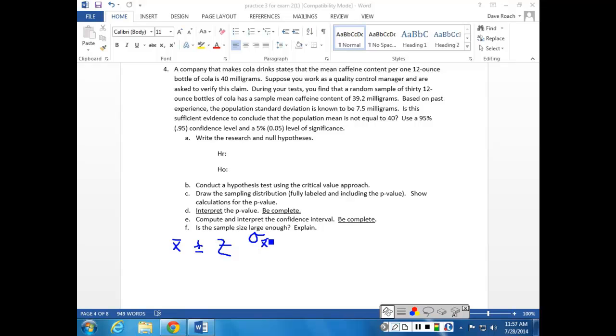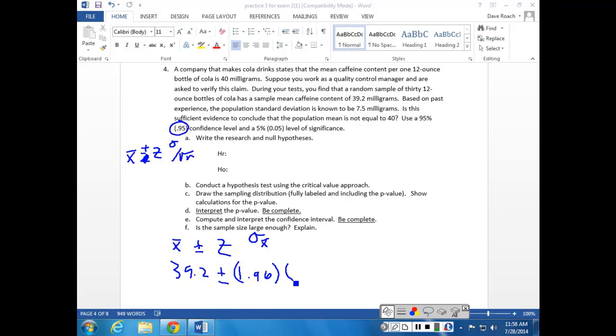If you put x bar plus or minus z times sigma divided by the square root of n, that'd be okay. But let's say we've already computed that. So we have 39.2 plus or minus, and with 95 here, we would have 1.96.